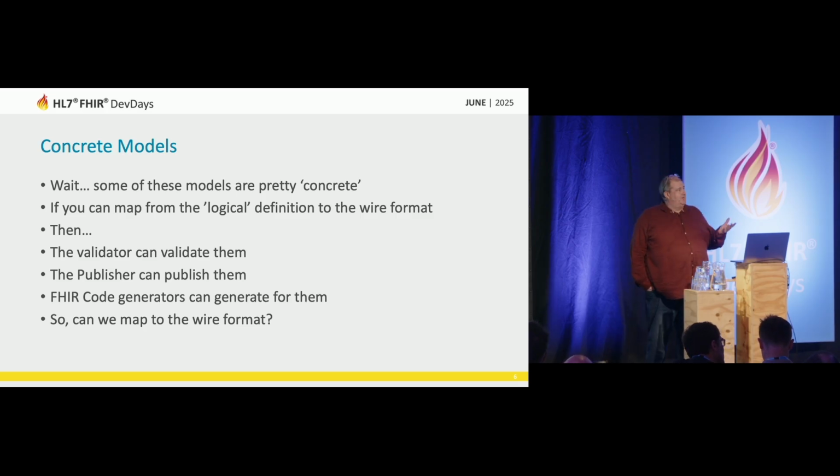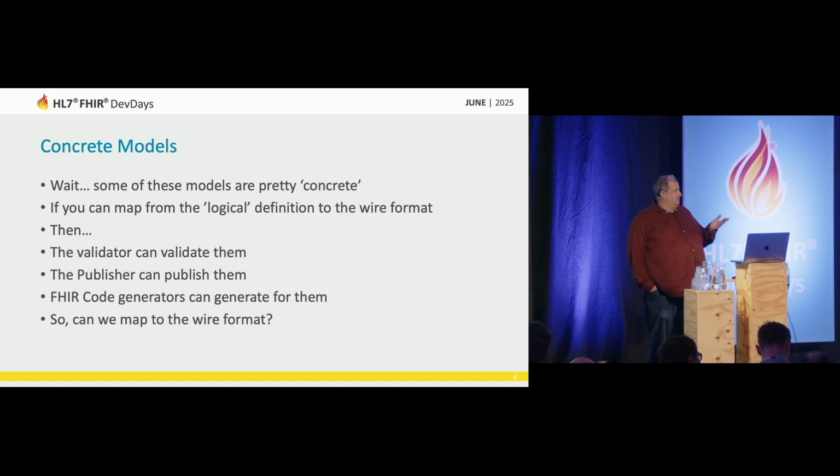And if the wire format happens to be the same as the FHIR logical model, there's an implicit transform from the structure definitions to the JSON and the XML formats, then you don't even really need to do that. Or if you're happy to accept whatever format, then it just falls out of having a logical model.